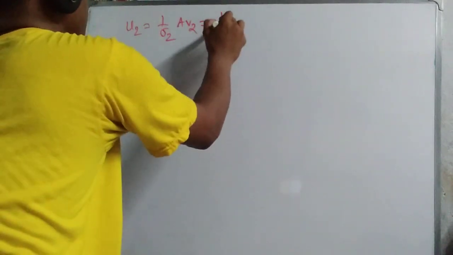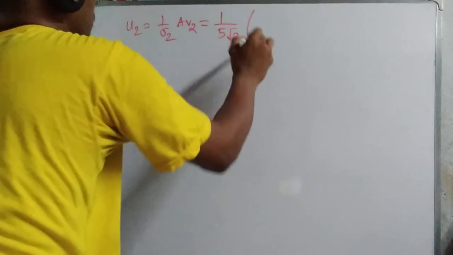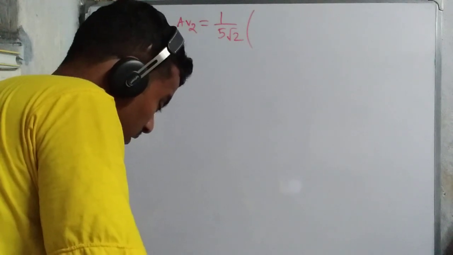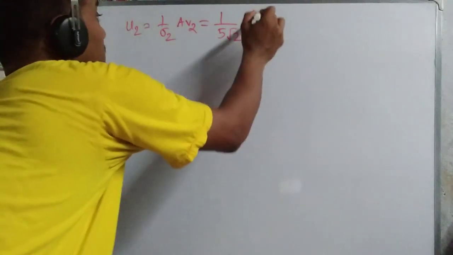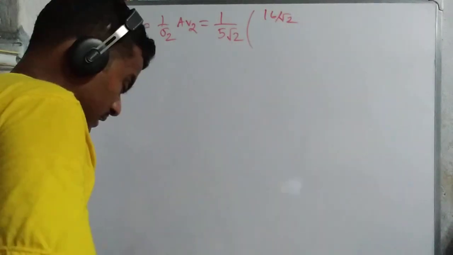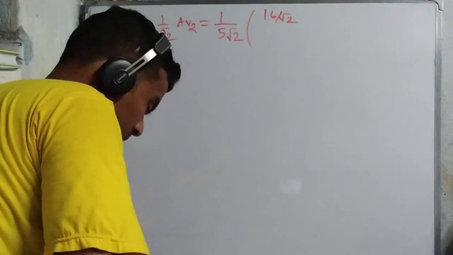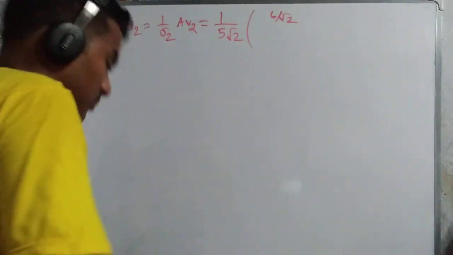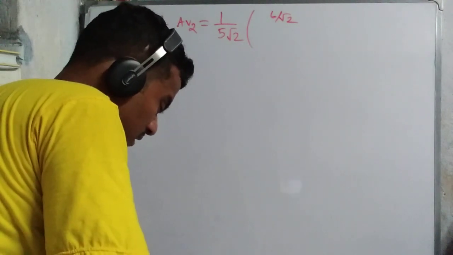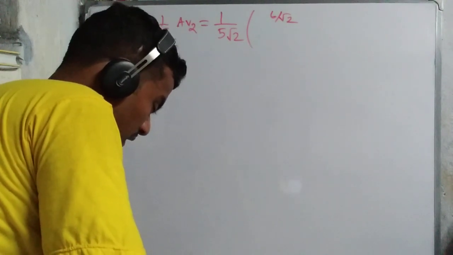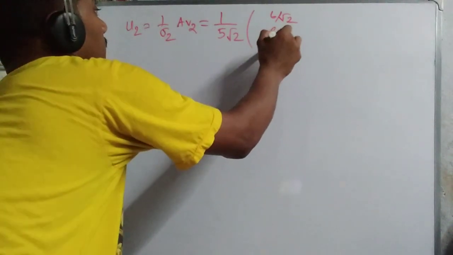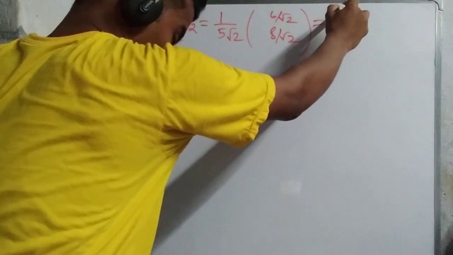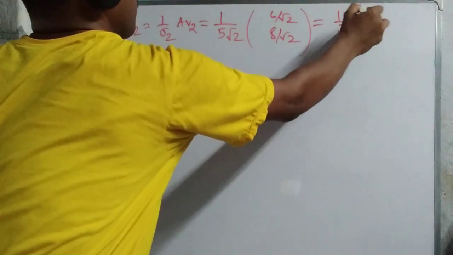Here 1 by sigma 2 equal to 1 by 5 root 2, A v2 equal to 11 plus 5, 16 by root 2... here 11 minus 5, 6 by root 2, and minus 2 plus 10, that means 8 by root 2. Then 1 by 5 (3, 4).